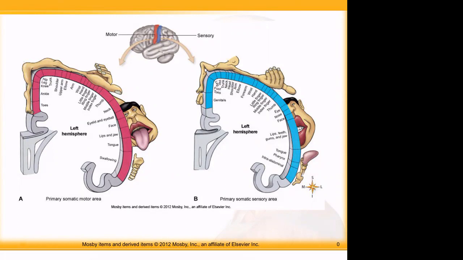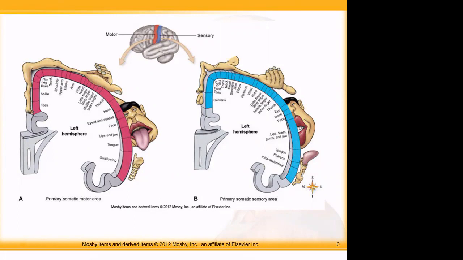So the areas that are the most sensitive are drawn really large, like the big hand or the big tongue or the big lips. Areas that are less sensitive are drawn smaller. Sometimes you'll see this as an animated figure that has a really big head and these really big hands stretching out from the body. But that's all this is demonstrating.